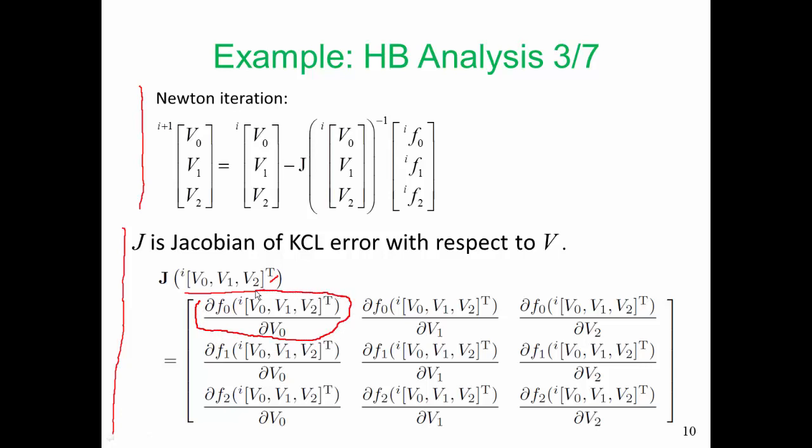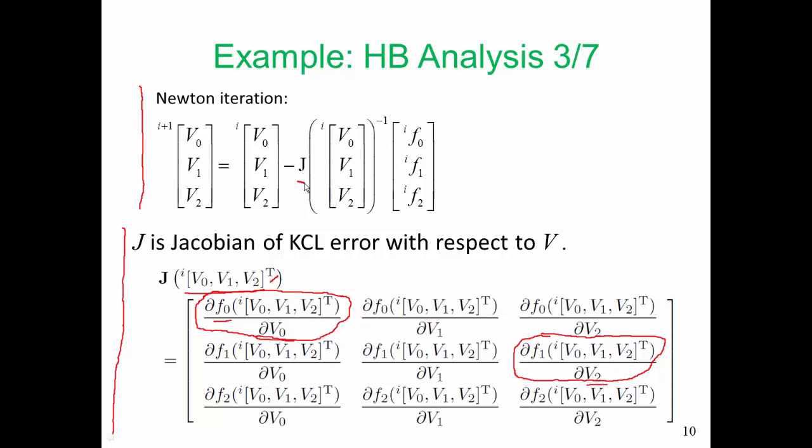What this first element is saying is the partial derivative of F0, that is the KCL error at DC, with respect to the phasor at DC. If we pick an element that's off the diagonal, here we have the partial derivative of the KCL error at frequency 1, which is our fundamental, with respect to the phasor of our second harmonic.